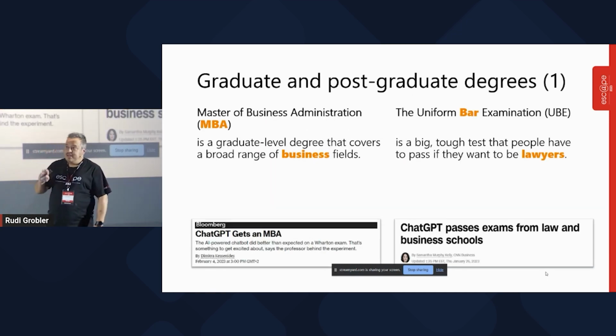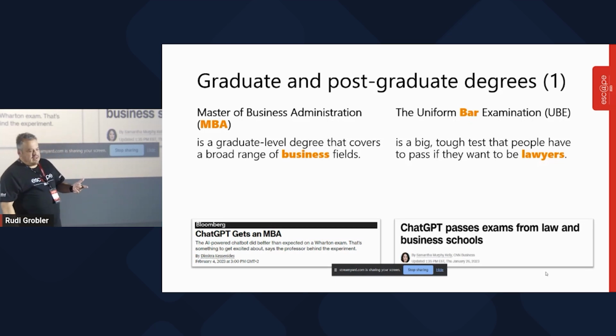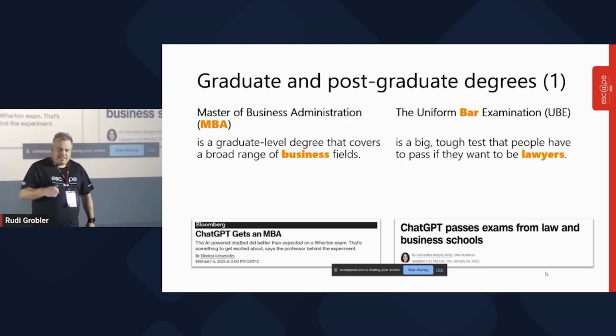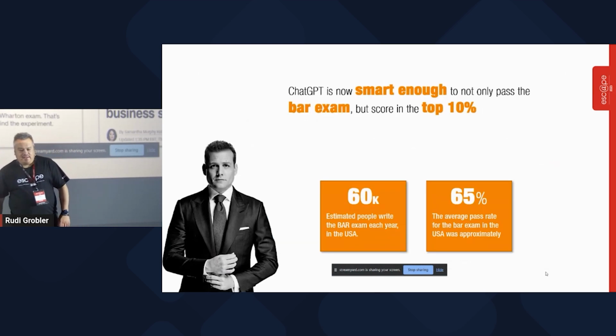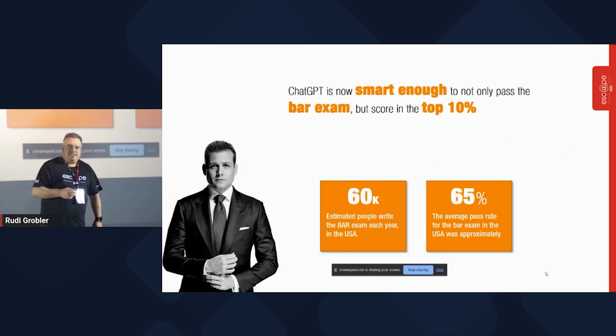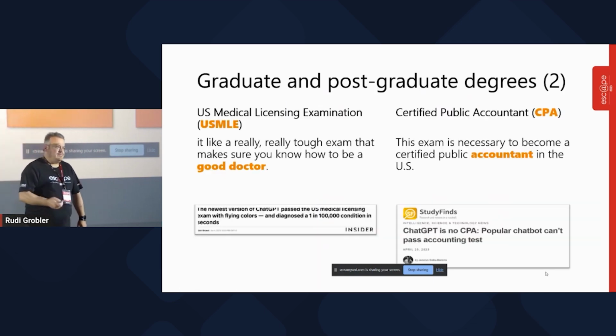Now, it does great at writing exams, obviously. It passed the MBA exam, and it passed the bar exam, which is a very specific law degree exam in the US. To give you an idea of how complex this exam is, roughly 60,000 people take it every year, roughly 65% pass it, and ChatGPT scored in the top 10%. So it's doing really well in these kinds of scenarios.